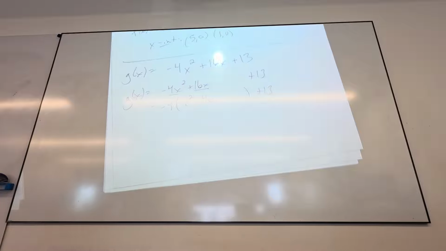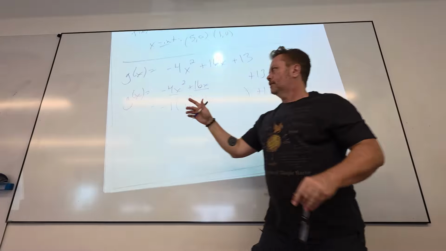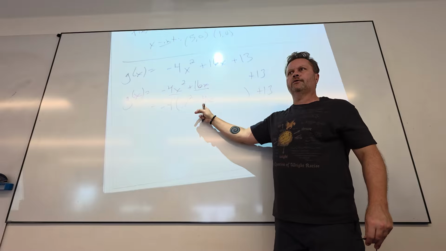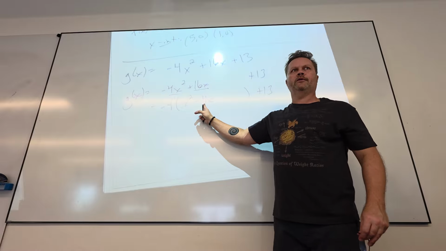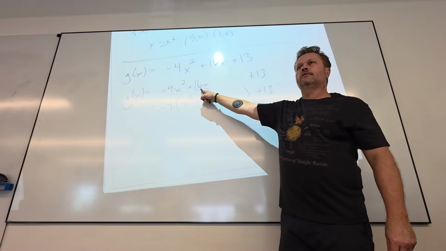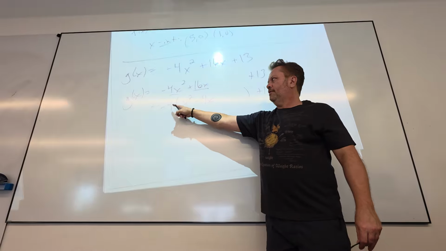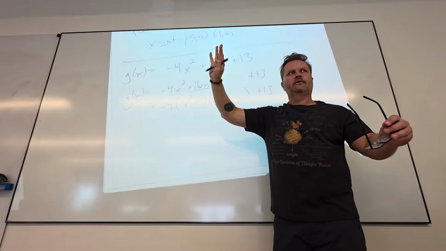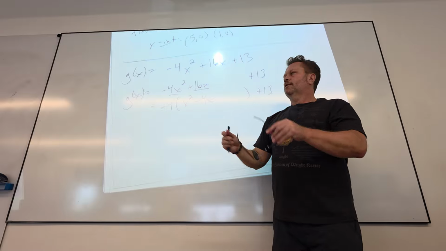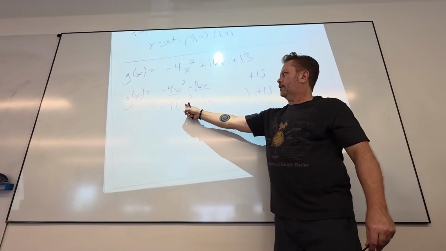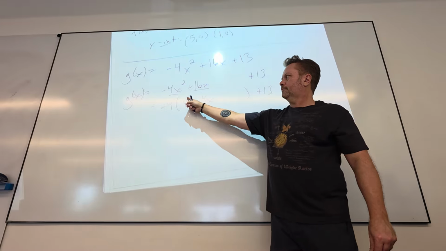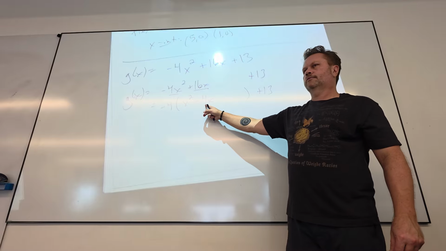I'm going to say something a little trippy, but you guys will get this. Is this really a negative 4 here? What's really here? 16. This isn't really a 1. It's a negative 4, yes? Okay, keep that in mind. How do I complete the square here? What are the 2 steps?